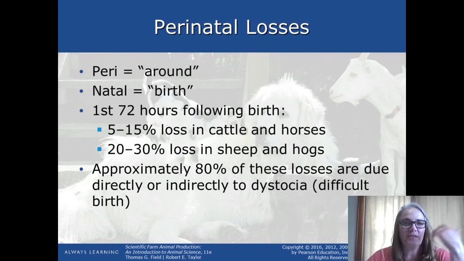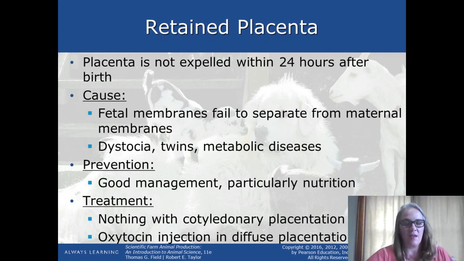So most of the time, if the animal survives birth well and is healthy, then they're in the clear, but we still do see a few problems. One of the biggest problems that producers want to look for is retained placenta.